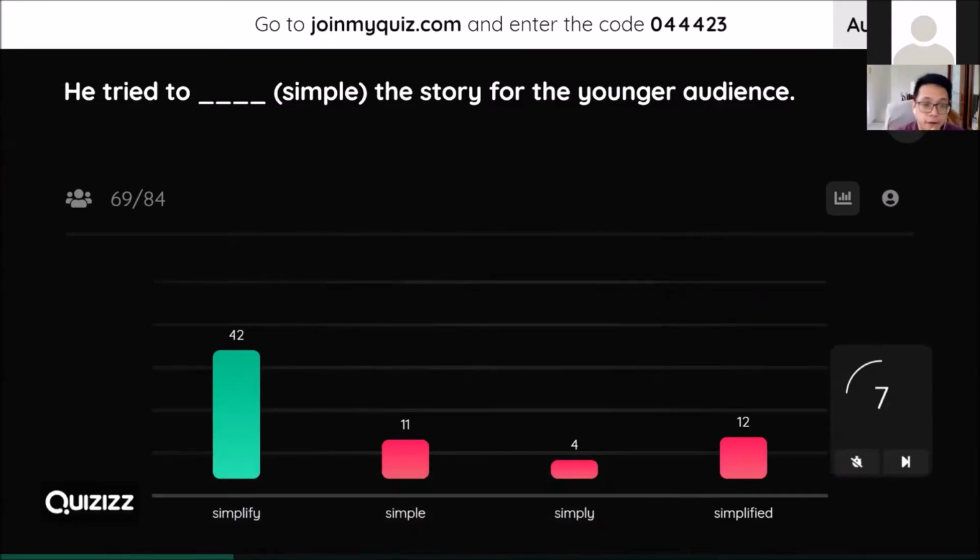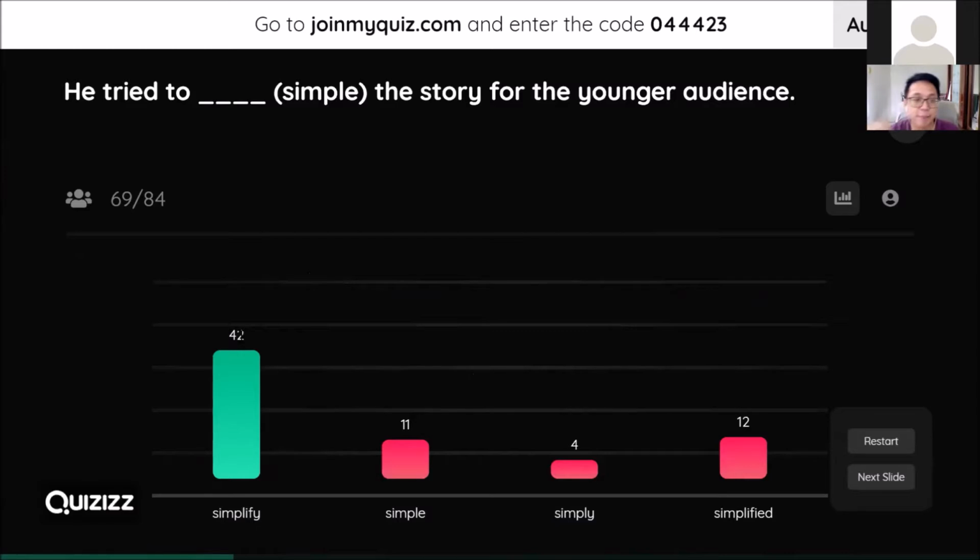So he tried to the story for the younger audience. He tried to do something. He tried to. So here is what you call a to infinitive. To, I want to kiss you. I want to love you. He tried to.